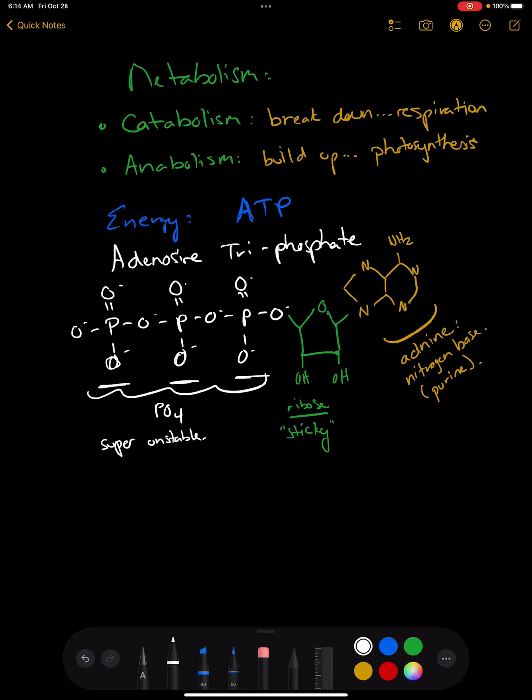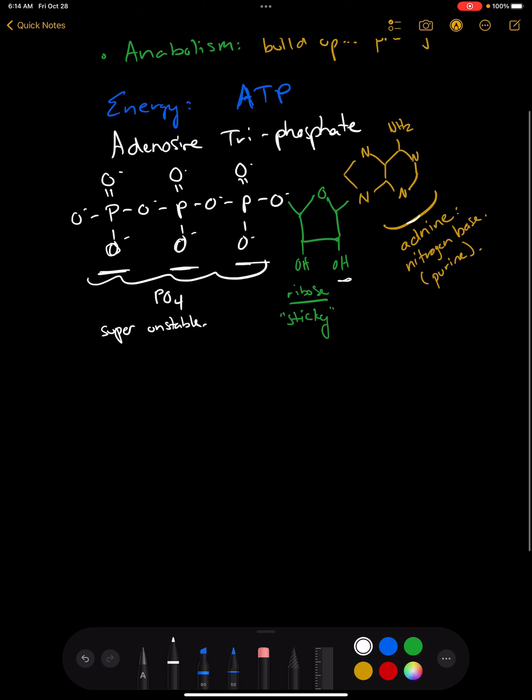So I have my adenine, my adenosine right here. I have a ribose that attaches everything, and then I have my three phosphates. And so what's going to happen, like I said, since these phosphates don't want to be next to each other, they break off really easily. Well, out of these 3 phosphates, this last phosphate, he's the easiest one to break off because he's the last one in the row of 3.